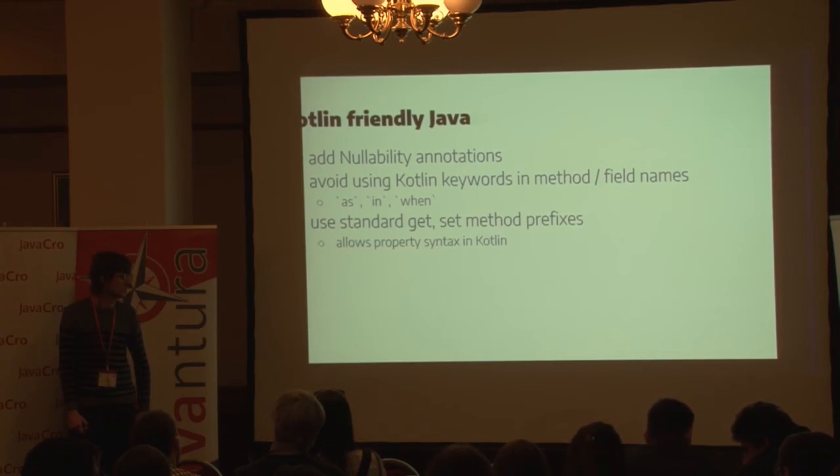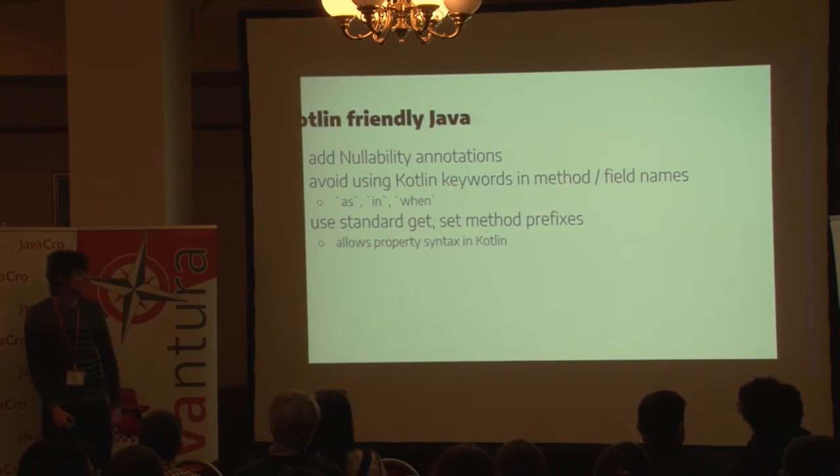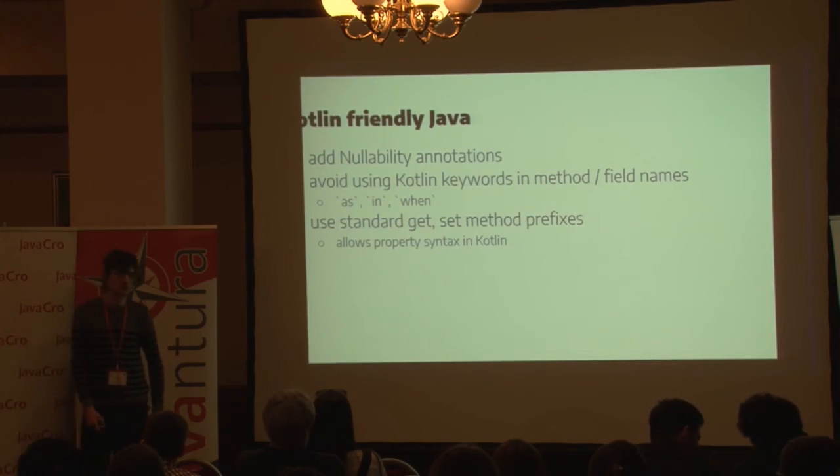But to do that, your code needs to have standard get and set method names, or also the is prefix is supported. But as you've seen previously, if you have a getter that starts with has or something similar, it won't work, and Kotlin clients won't be able to use property syntax.